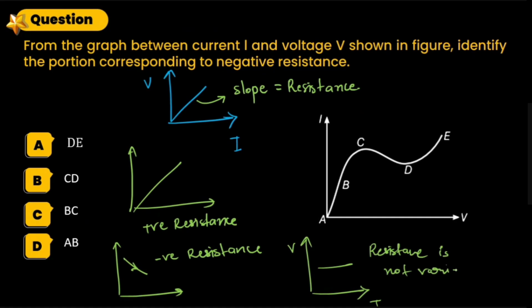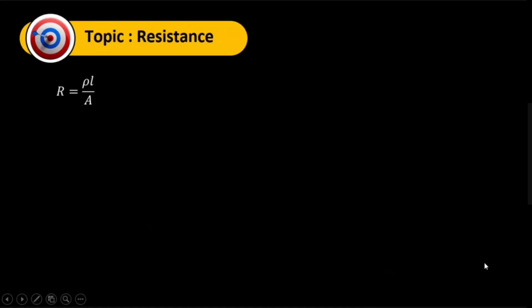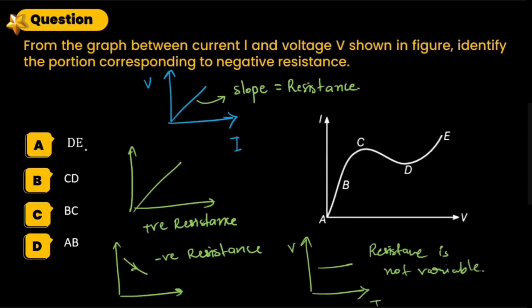It is a constant resistance, it doesn't depend upon certain properties, so it won't change over time. So what would you say about the question, is CD a negative resistance? Yes. So sometimes a question can be asked with reference to a graph also.